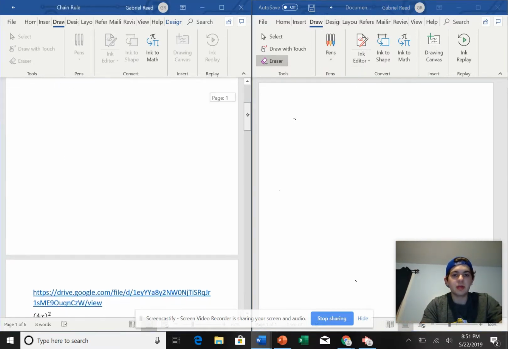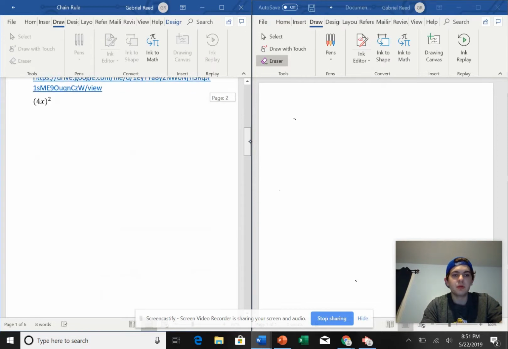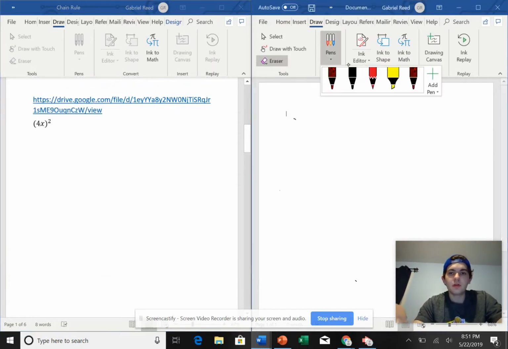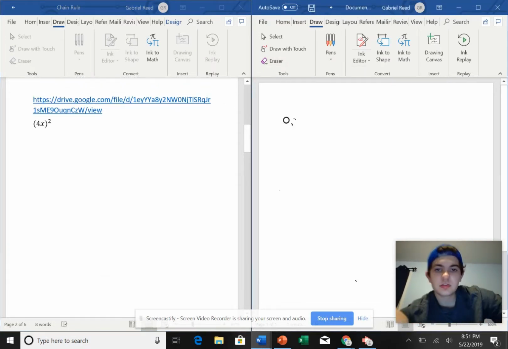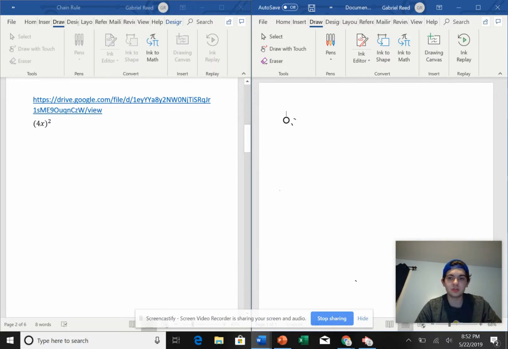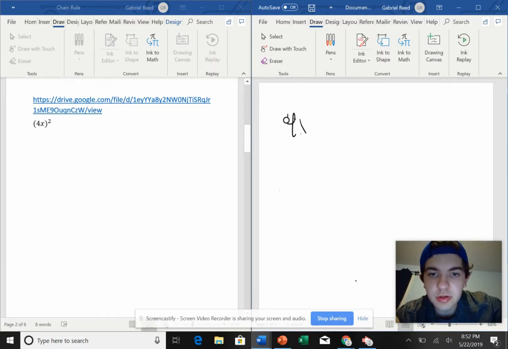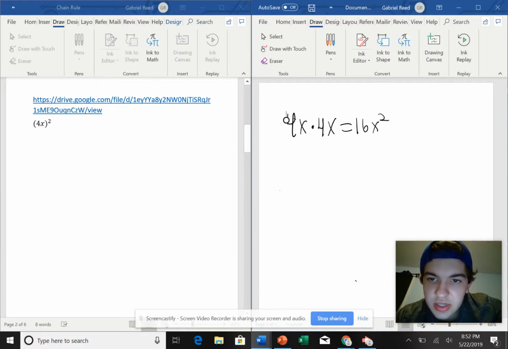So what is one type of derivative that would look hard on the test? Let's see what we got for our first example. So we have (4x) squared. One way you're probably thinking of solving this problem is by squaring that inner function, which is the 4x. So we would do 4x times 4x, and that would simply be 16x squared.